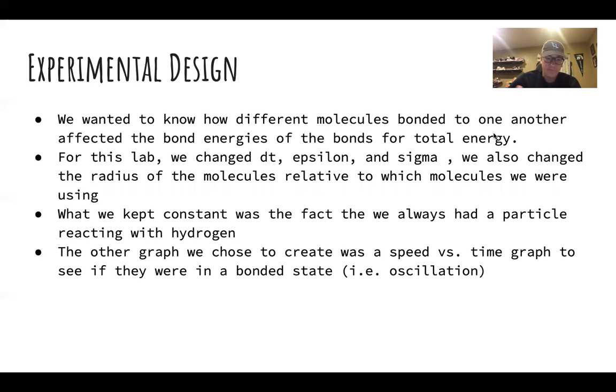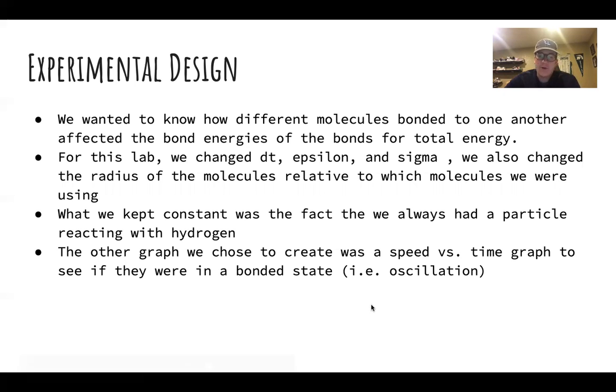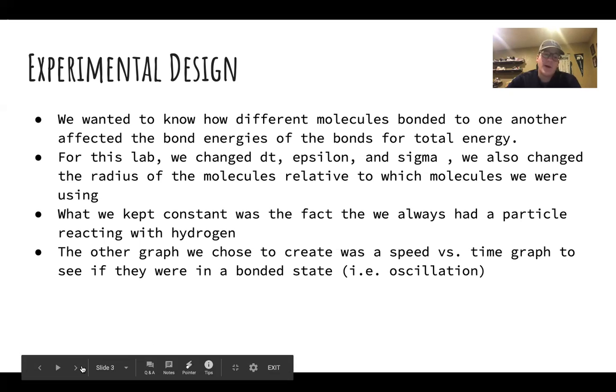Hydrogen had a smaller radius than oxygen, obviously. We kept constant the fact that each particle would react with hydrogen. The other graph we chose to create was speed versus time, just to see if the atoms or the molecules were in a bonded state, and we could see this by oscillation.